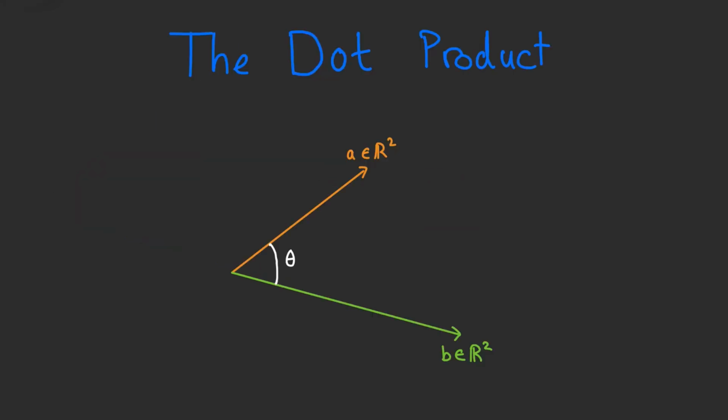The dot product gives us a measure of similarity between vectors. We know that the output of the dot product relates to the angle between two vectors. And this is exactly what recommender systems like Netflix and Spotify use. They represent users and items such as shows, movies, songs as vectors.